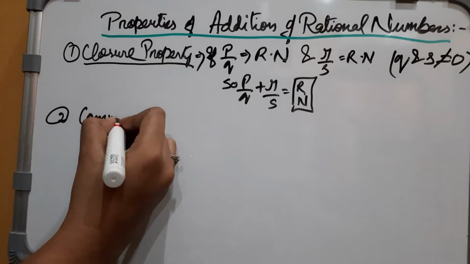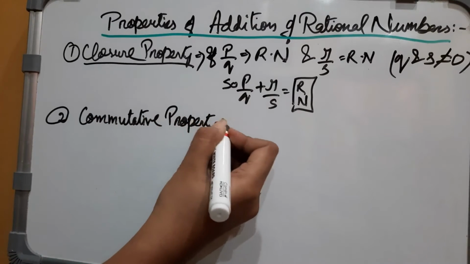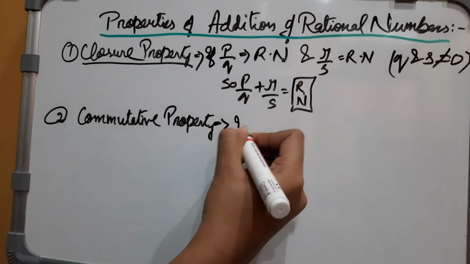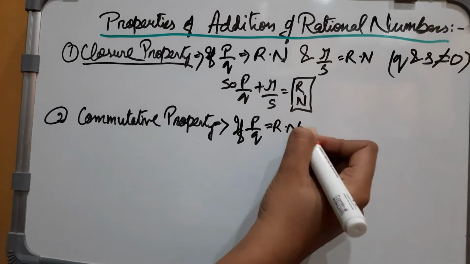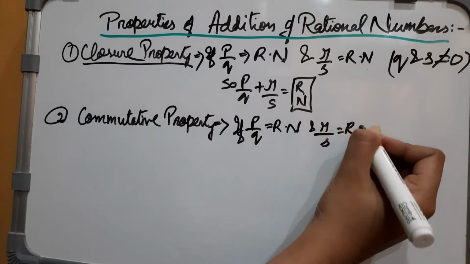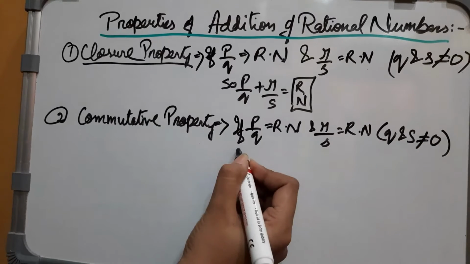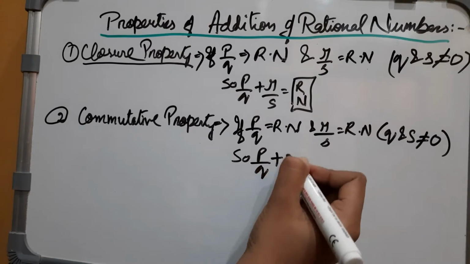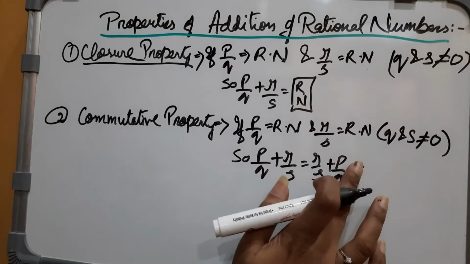Second, this is commutative property. This property states that for two fractions, for example p by q is a rational number and r by s is also a rational number, with both the denominators q and s not equal to 0, p by q plus r by s will be equal to r by s plus p by q.